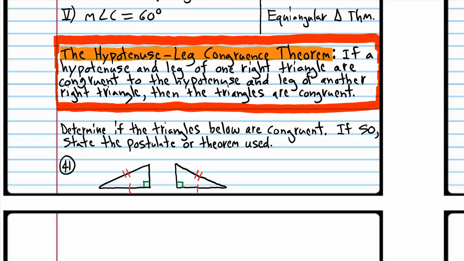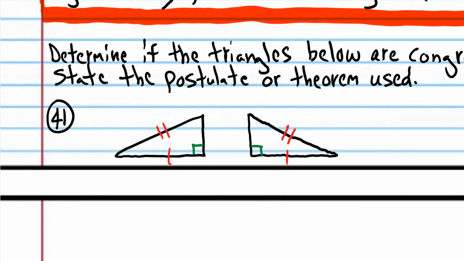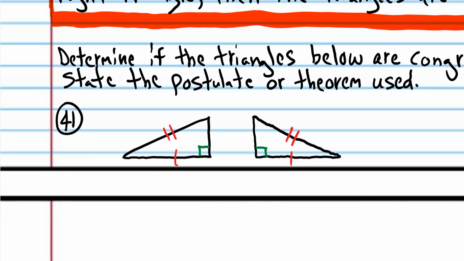Now before we talk about this theorem in detail, let's review our terminology for right triangles. In a previous class, we learned that the side opposite the right angle, so here's the right angle, the side opposite that right angle, meaning across from the right angle, is called the hypotenuse.